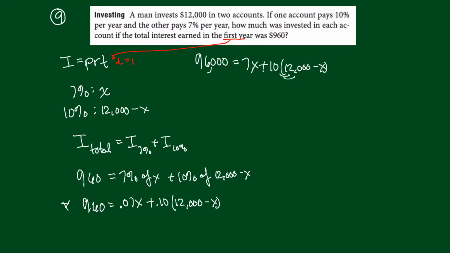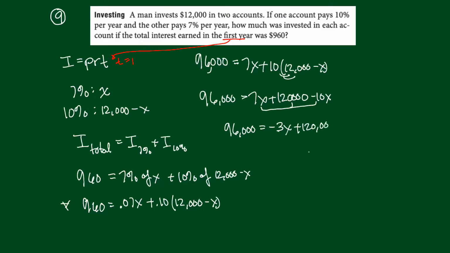We can distribute through here, so we'll get 96,000 equals 7x plus, okay, that's a 12 with 3 zeros and then a 0 from the 10, 120,000, minus 10x. We're getting there. Now, 7x minus 10x, so we're going to get 96,000 equals negative 3x plus 120,000.